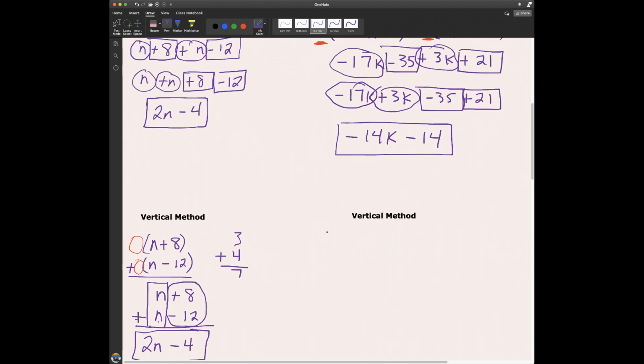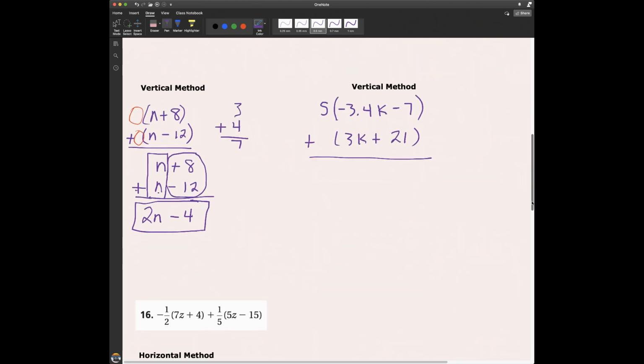So I have 5 times negative 3.4k, and that was minus 7 plus, and I had 3k plus 21. All right. Again, I want to be able to drop those parentheses.